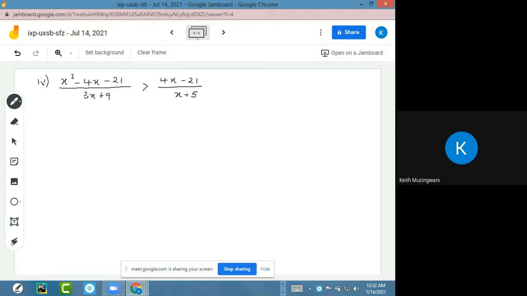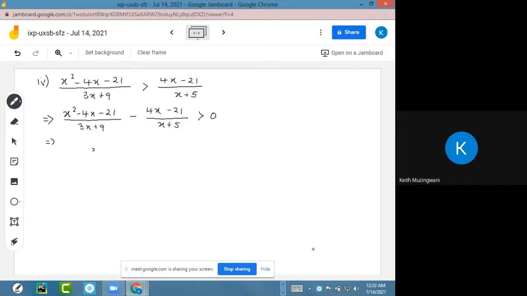So these are two fractions. So the easiest and formal way is to get the other fraction, bring it this side, over x plus 5 greater than 0.